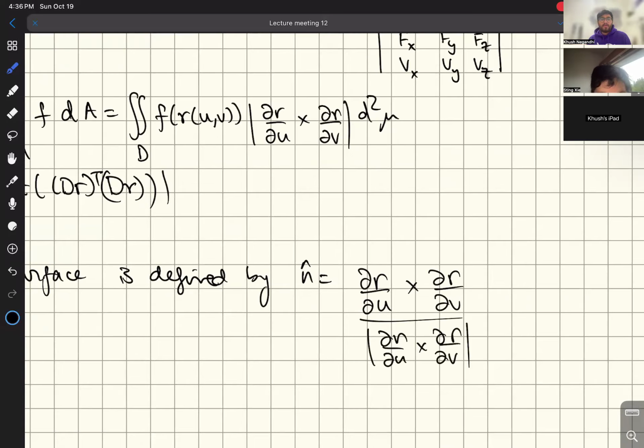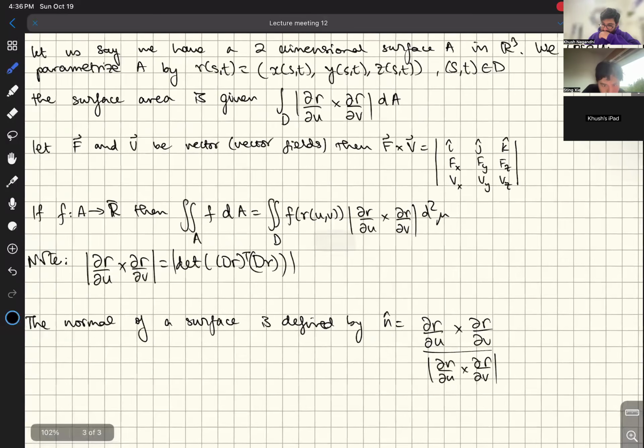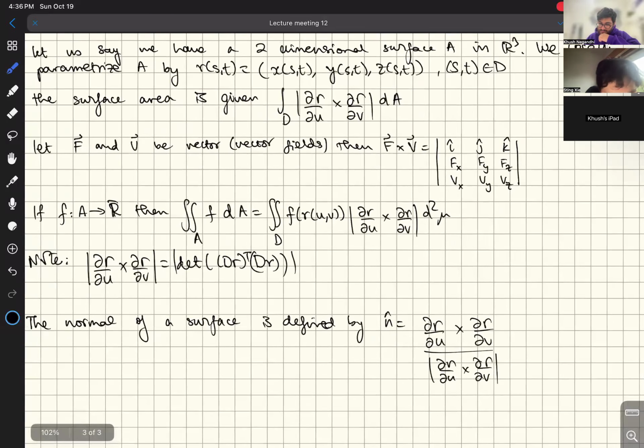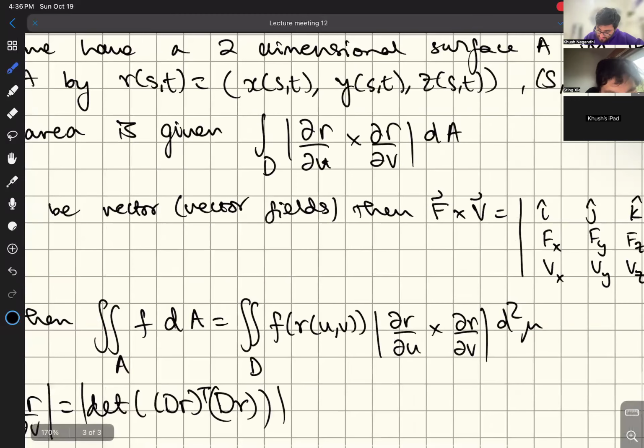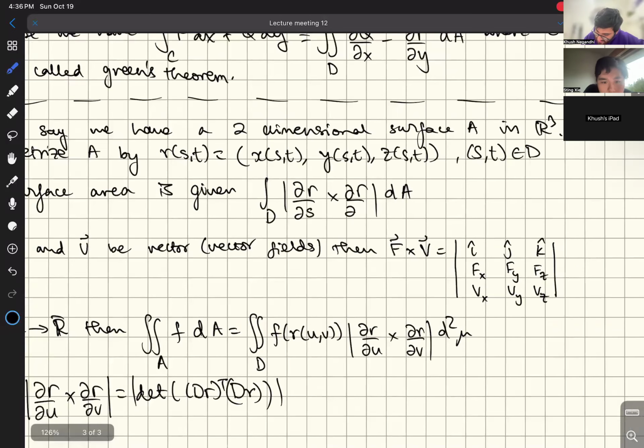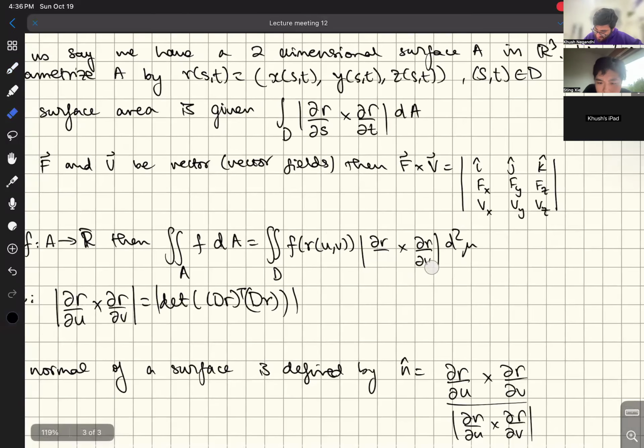The way you want to think about this is, hmm, okay, I just realized I called these U and V, but this should actually be S and P. The variables don't really matter too much, but let me just be consistent.